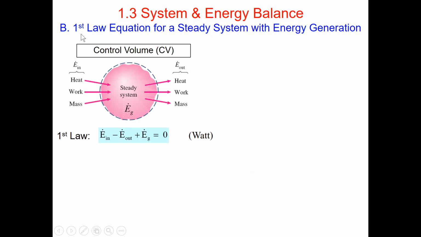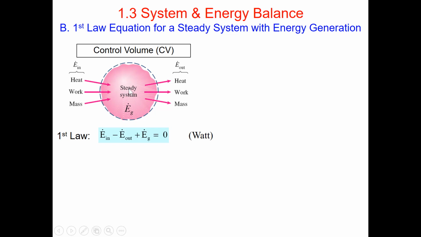B. First law equation for a system with energy generation. First, our system is a control volume, CV. It is circled by the dashed line.